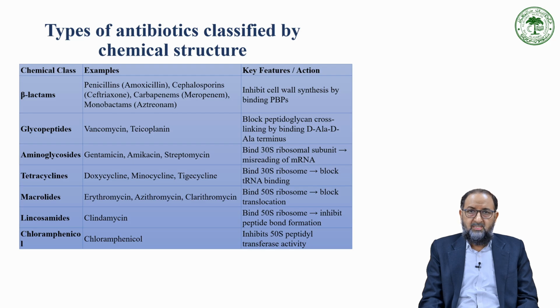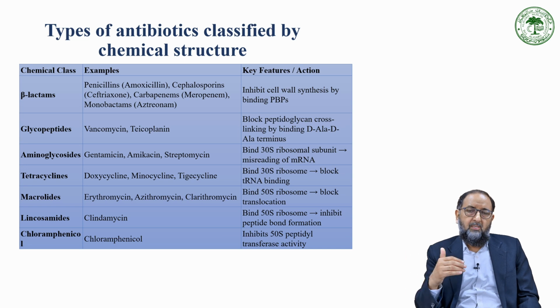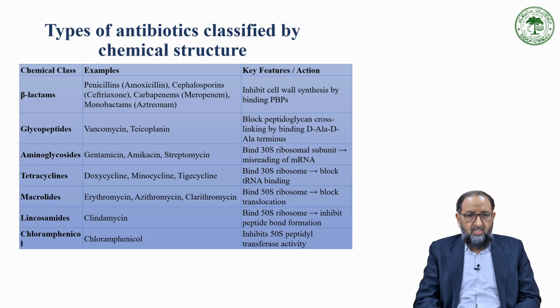It blocks the translation process, causing misreading of the mRNA, and so it blocks the formation of protein by bringing the aminoacyl tRNA for a specific amino acid onto the ribosome. This is how it blocks protein synthesis.